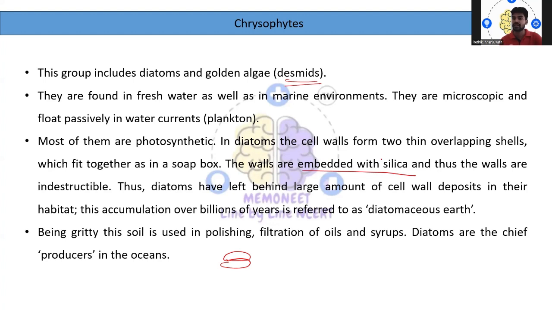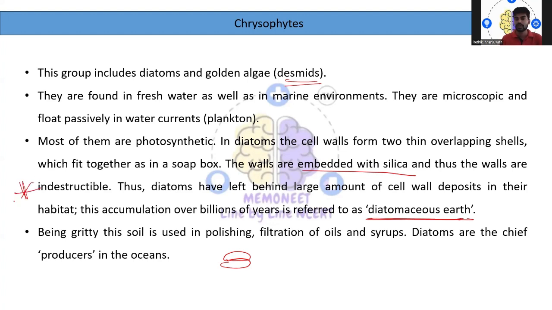After death, a large amount of the cell walls are left behind and deposited in their habitat, in the soil and so on. The accumulation over billions of years of those deposited diatoms is called diatomaceous earth. This is also very important, diatomaceous earth.